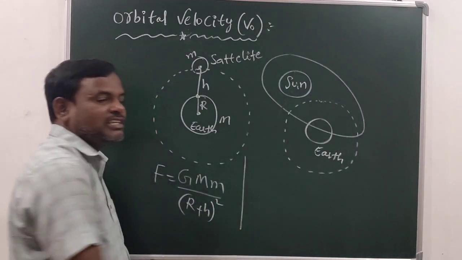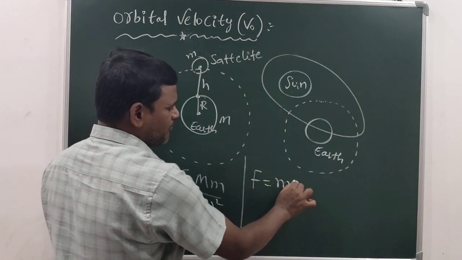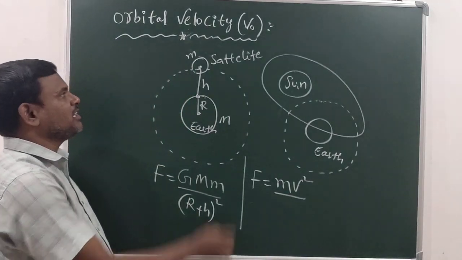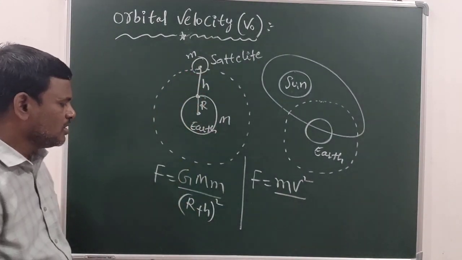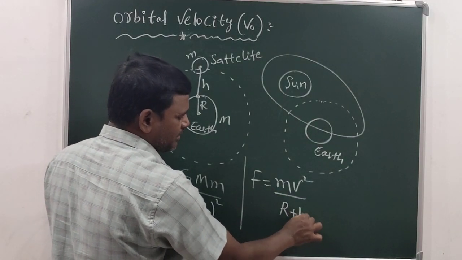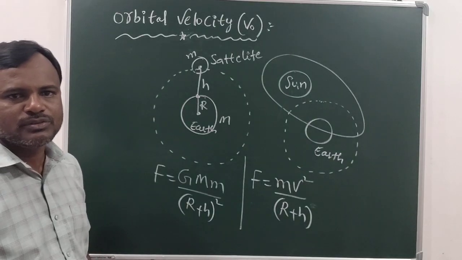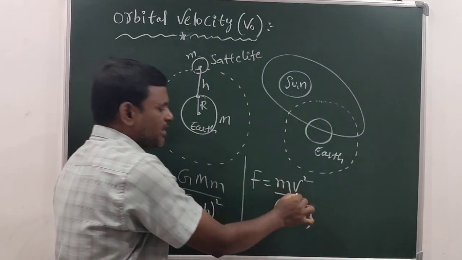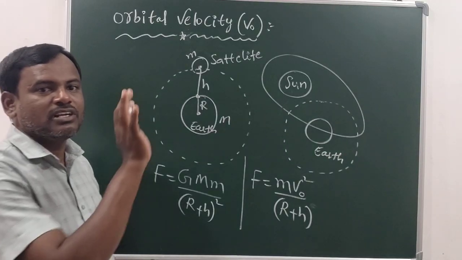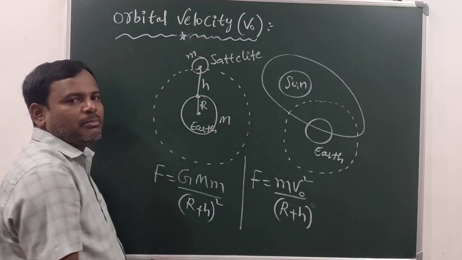So that centripetal force is F is equal to m v square by r. Here what is r? So m v square by r plus h you will get. Centripetal force. So in place of this you can write v naught, which works outside of the orbit.